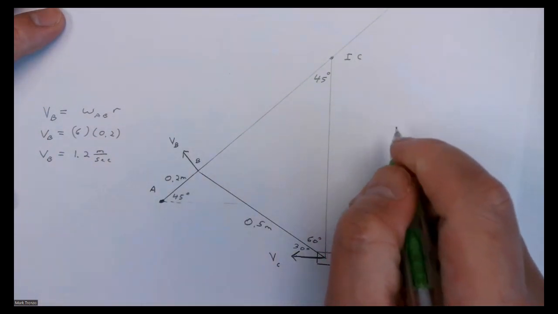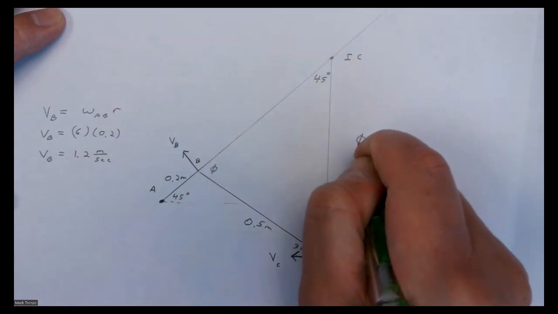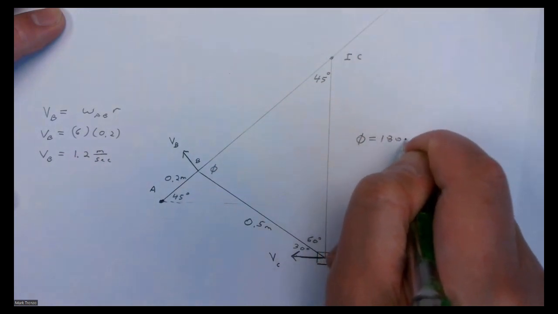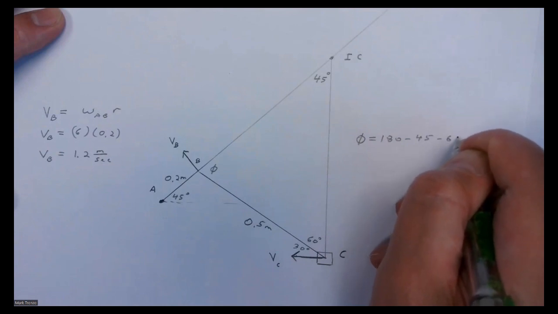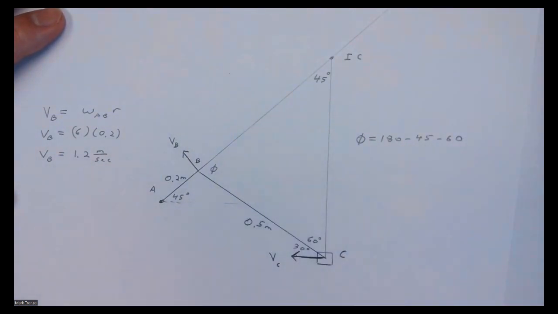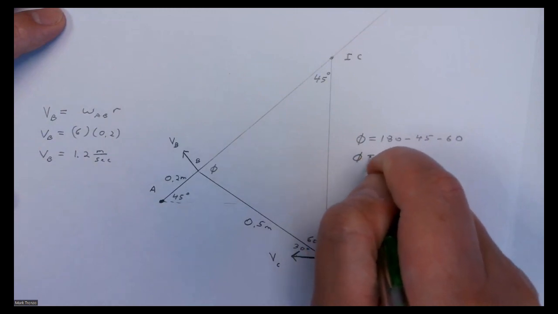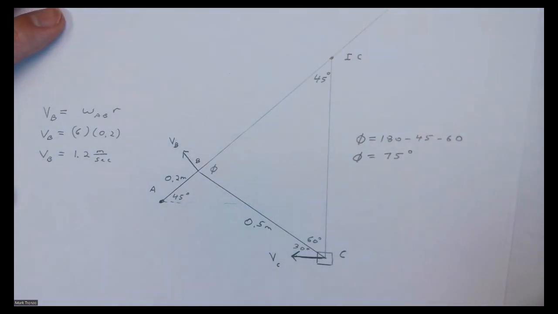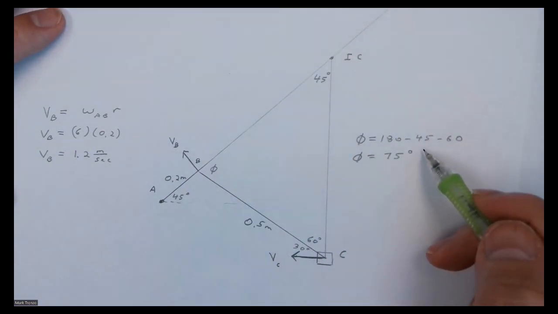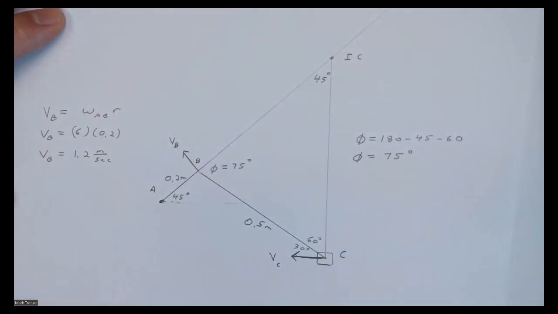I'll call it phi. Phi has to be 180 minus 45 minus 60. And so it looks like phi is going to be 75 degrees. And so that's 75 degrees like this.